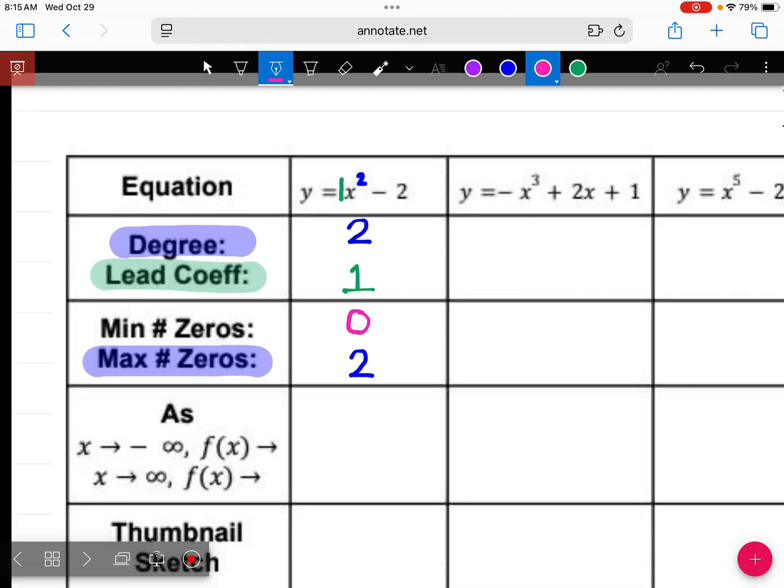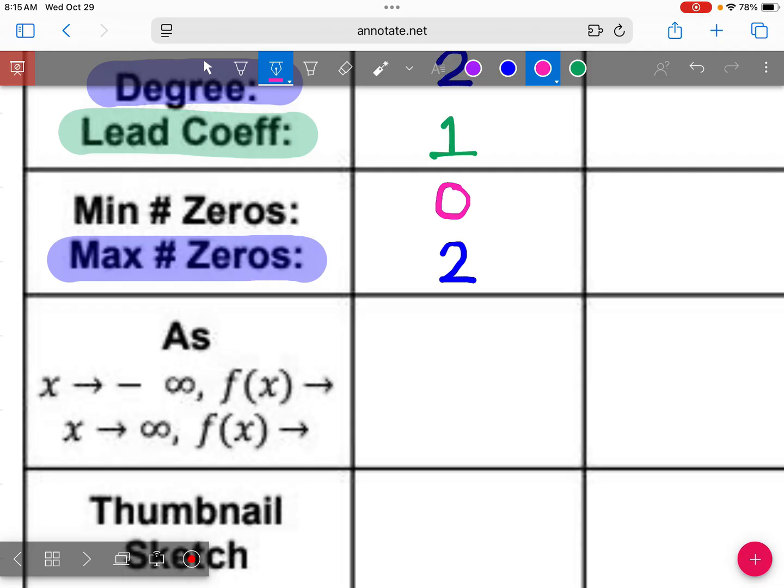So our next box down is looking at that end behavior, and we need to be really careful because they've got our x's flip-flopped from the way that we had them yesterday. Our right arrow on this one is this guy. So we always need to start with looking to make sure we know which x is which arrow. As x goes to positive infinity, that is our right arrow.